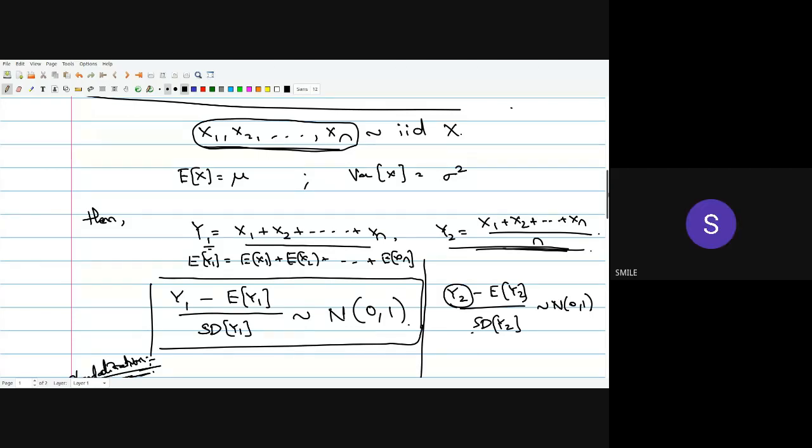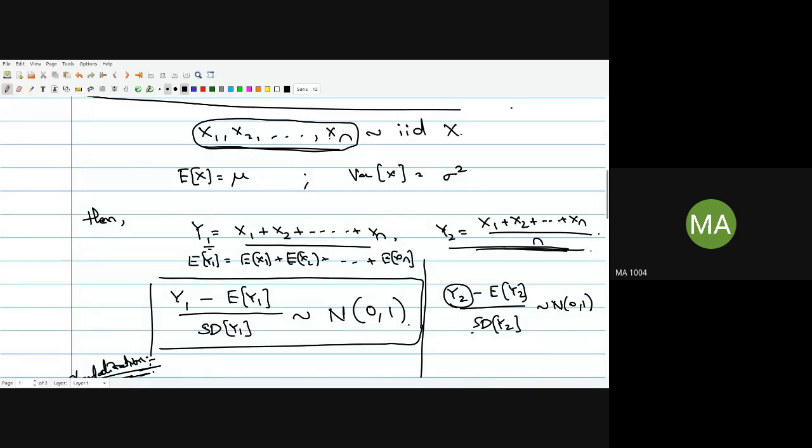The theorem says that y1 minus the expected value of y1, divided by the standard deviation of y1, will be normally distributed 0, 1. But that's only if y1 is normally distributed itself, right? I'm asking, will every function of x1, x2 up to xn be normally distributed? How do we know if it is normally distributed or not?